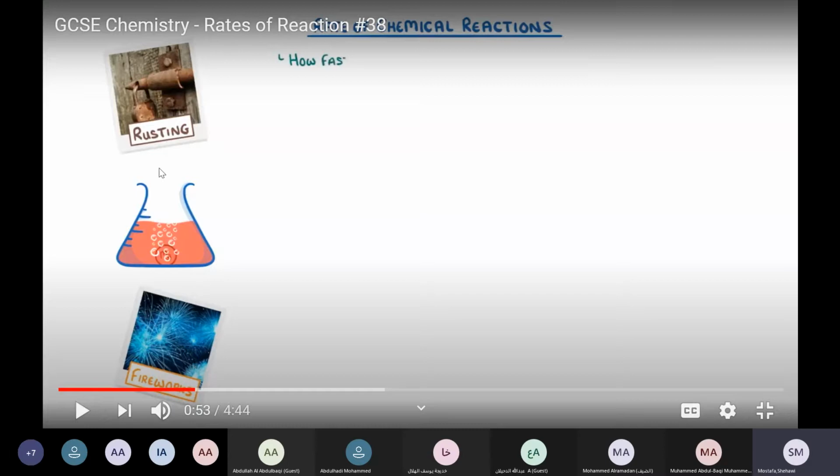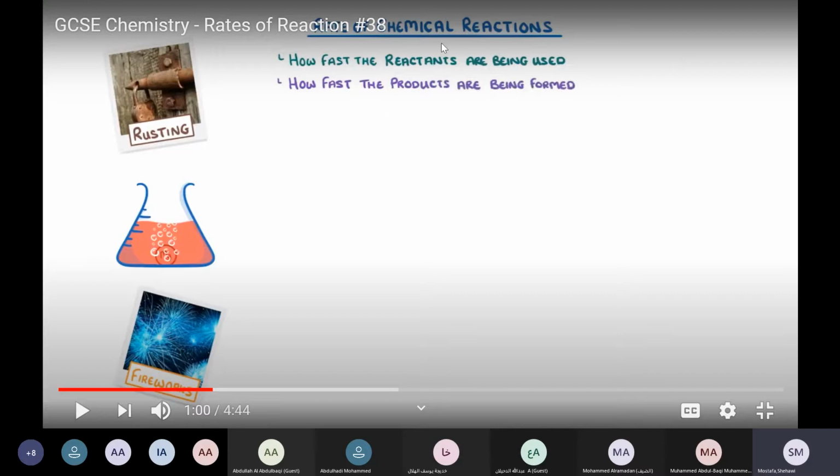So we have 3 categories of reactions according to speed. How fast the reactants are being used up, or alternatively, how fast the products are being formed. These are 2 ways used interchangeably for the same thing. How fast the reactants are being used, or at the same time, how fast the products are being formed.